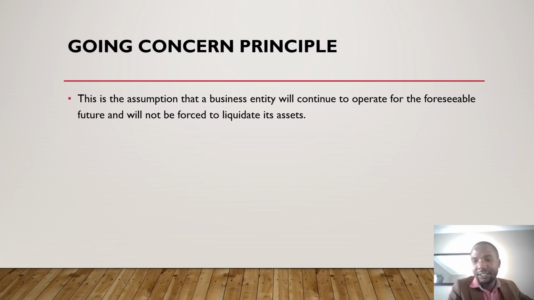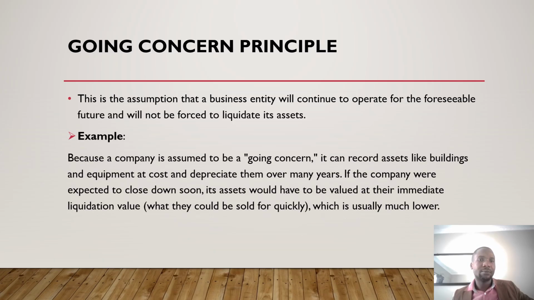The foreseeable future in this case, I would safely describe as a period of more than 12 months from the reporting date. Let's look at an example to demonstrate how this principle operates.